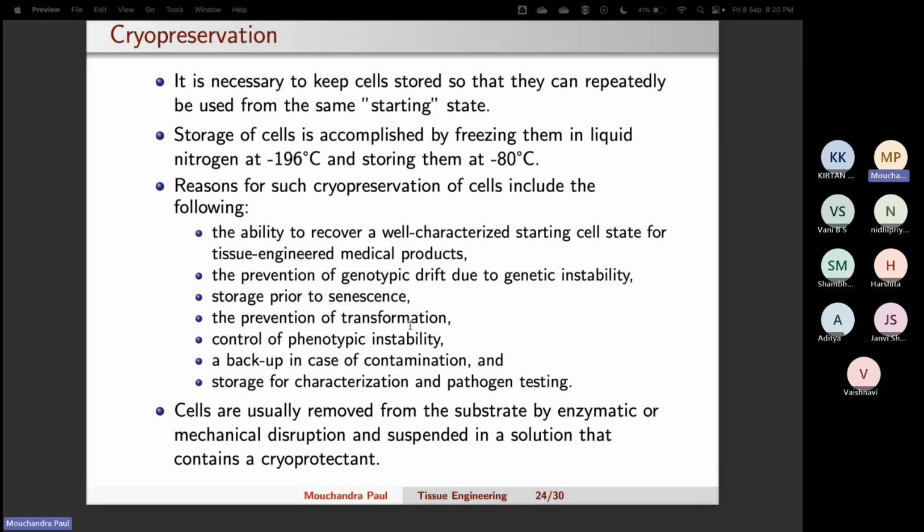This is one reason I told you why cryopreservation is needed. Other reasons are the ability to recover a well characterized starting cell state for tissues and medical products, prevention of genotypic drift due to genetic instability, storage prior to senescence, prevention of transformation, control of phenotypic instability, a backup in case of contamination, and storage for characterization and pathogen testing.